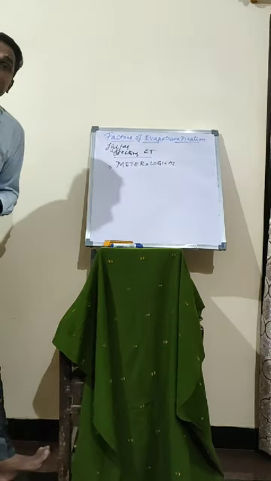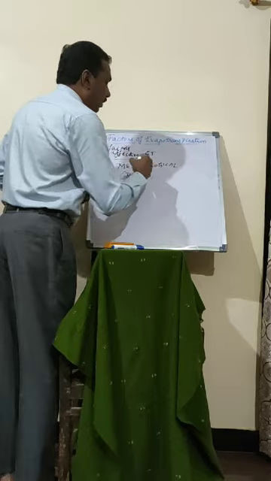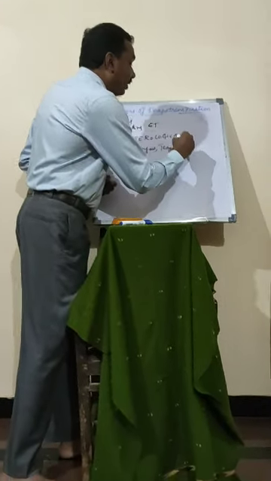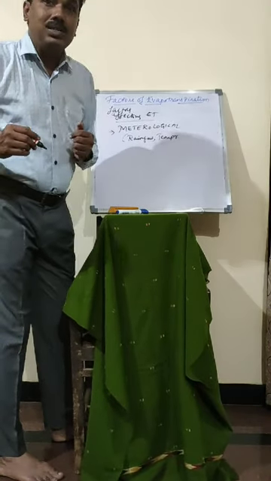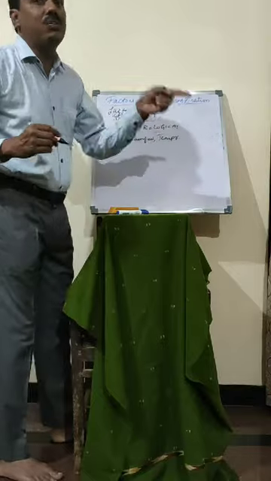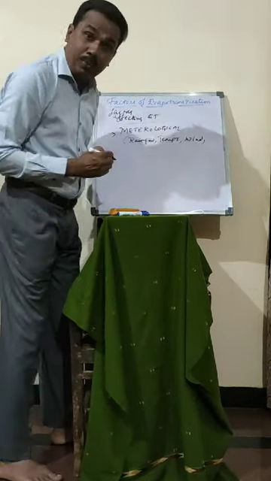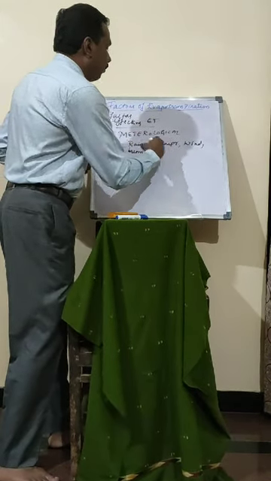Meteorological factor means the amount of rainfall which occurs, the temperature, in the sense the intensity of the temperature which the vegetation receives, wind speed, and the humidity factor.